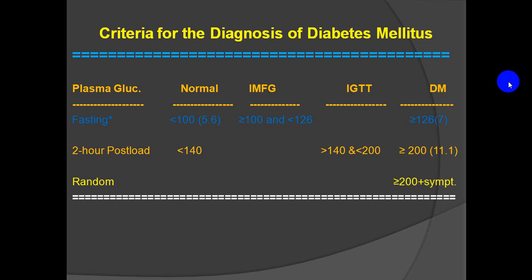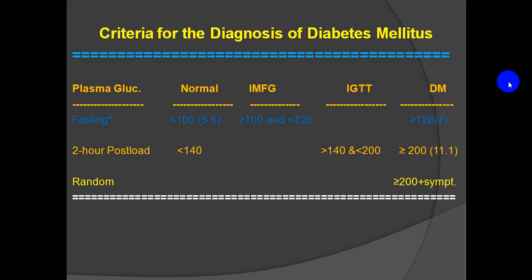And once the fasting plasma glucose is more than 126 milligrams, or 7 millimoles, the patient is said to have diabetes mellitus. For those patients with fasting plasma glucose more than 100 and less than 126, an oral glucose tolerance test may be done.